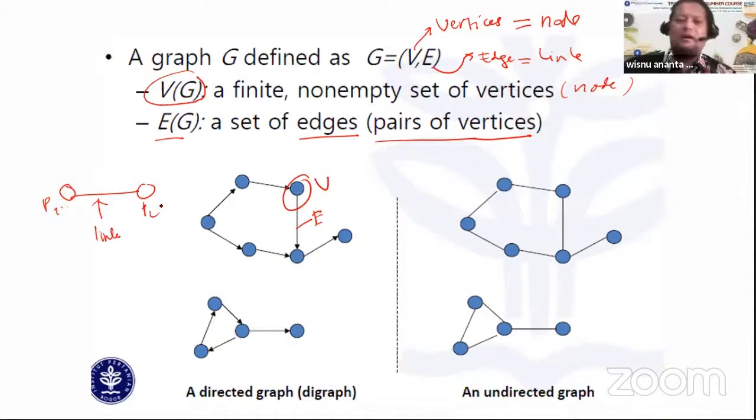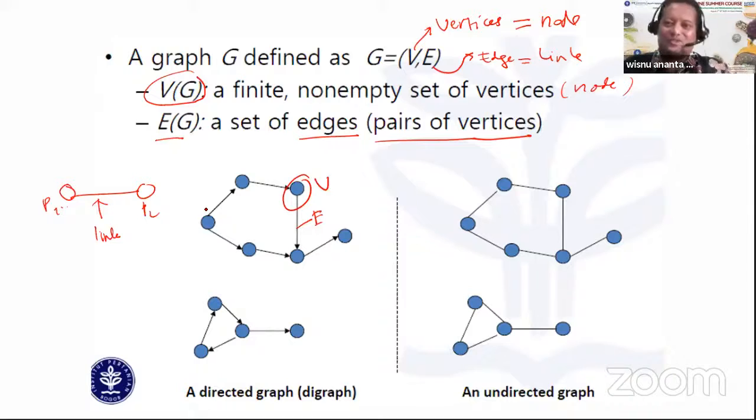And in graphs, maybe there is a directed graph. For example, if you go to the street around the botanical garden in Bogor, there is a street with only one direction.